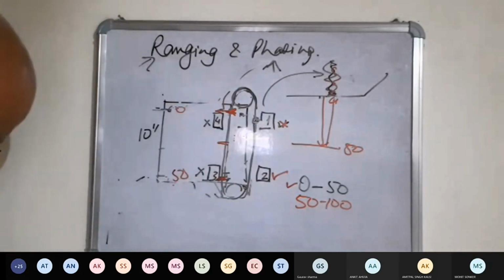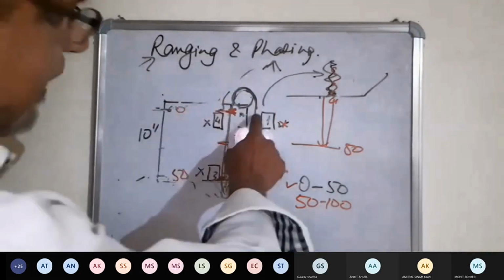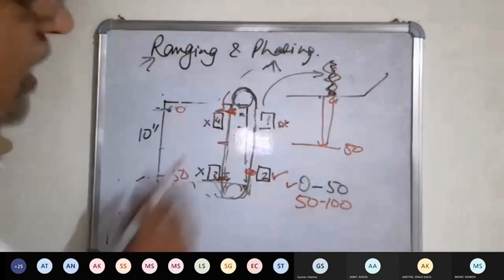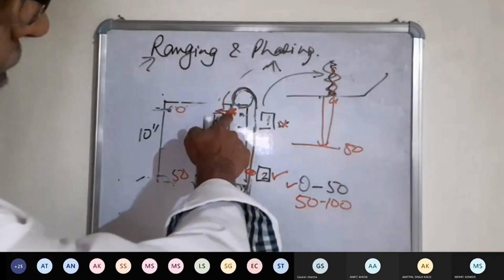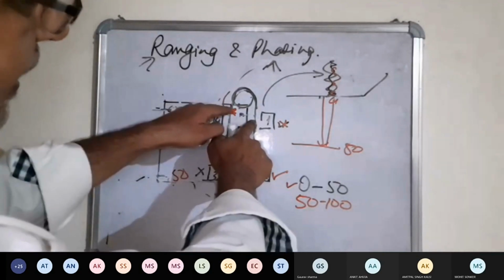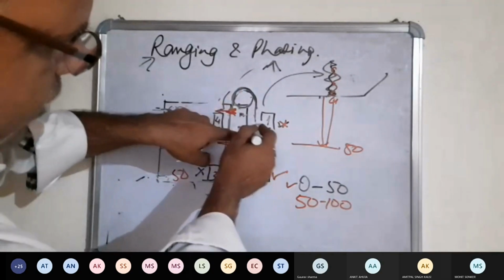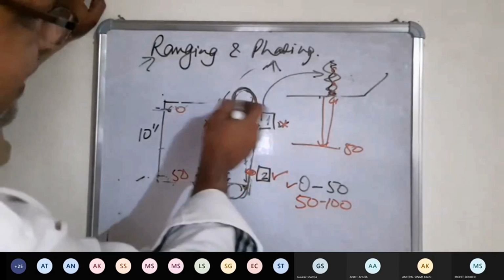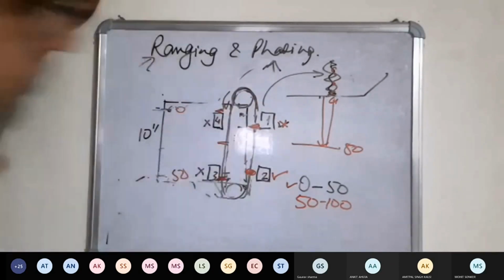Now what will happen when the magnet is passing sensor 2? Then the transmission will take place. That means this magnet has to be here when the pulse starts. But the stylus was also on the belt, and the magnet was also on the belt. So when the magnet goes back, the stylus will also be here or not? Because the distance between the two was fixed. So if this is behind, the stylus will also remain behind or not?